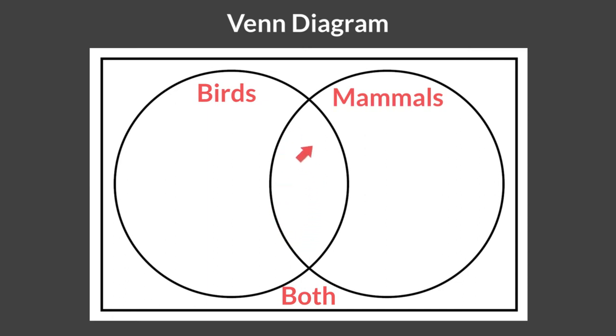You can use the 2 circles to organize your ideas. We will use this Venn diagram to put ideas that are just about birds on one side and ideas that are just about mammals on the other side. The part that overlaps in the middle is where we will put our ideas that are true for both birds and mammals.